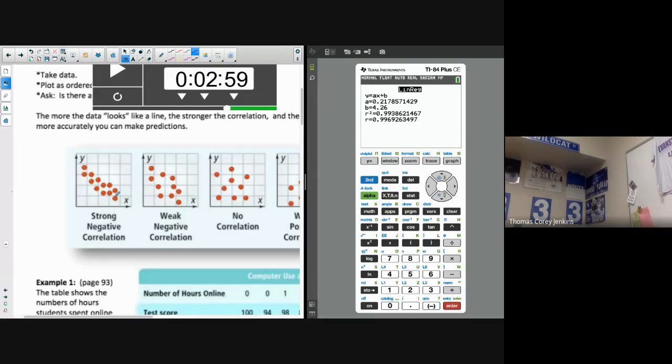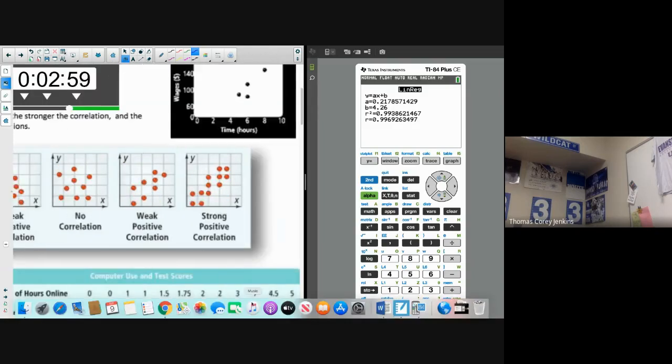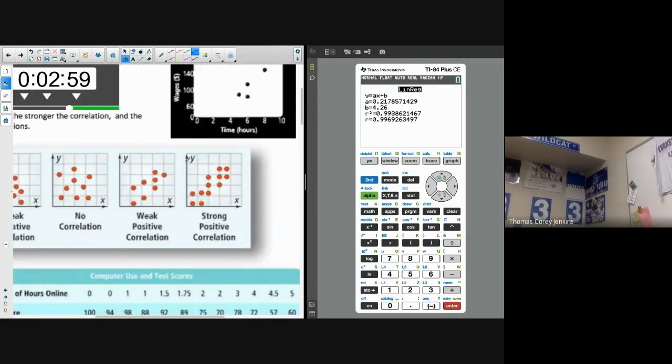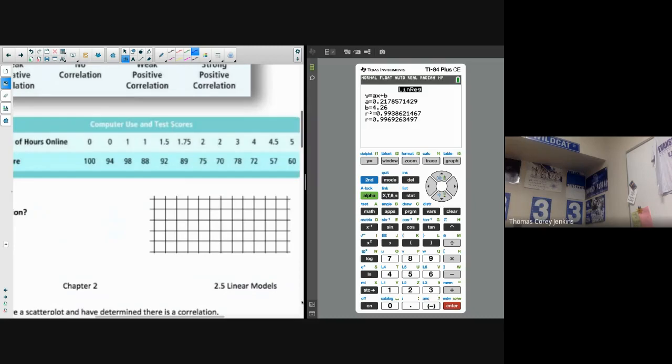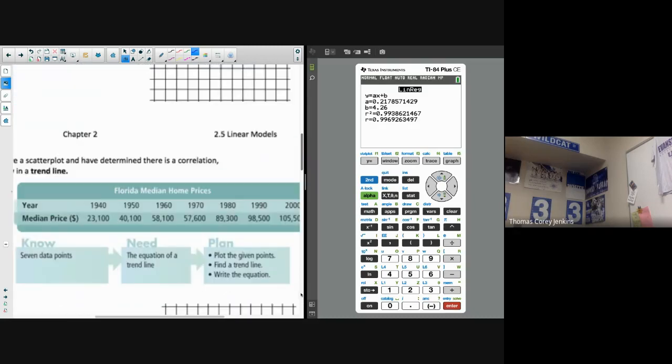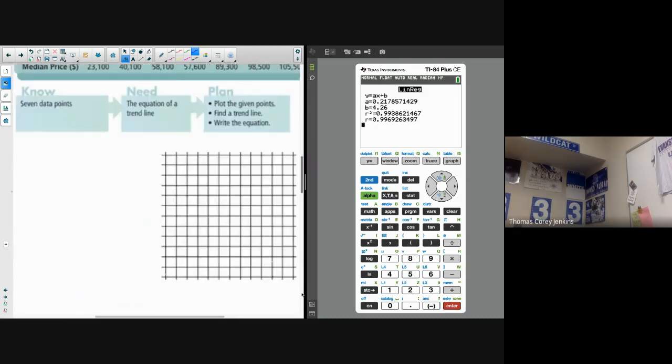Then it gives you some more examples. Weak negative, that's random, so no correlation. Weak positive, and then a strong positive. Again, I'm really going to skip through to the last part, because the last part is what you need to know for the homework and for the test.